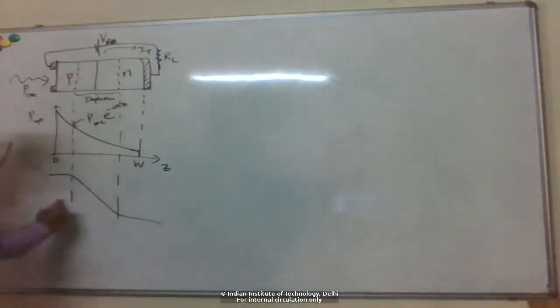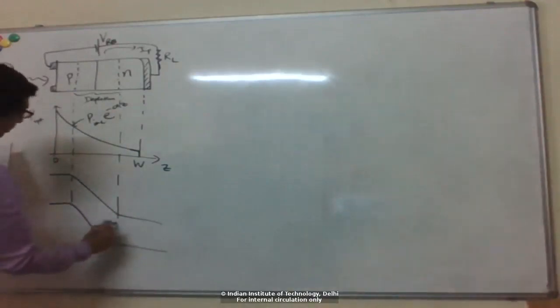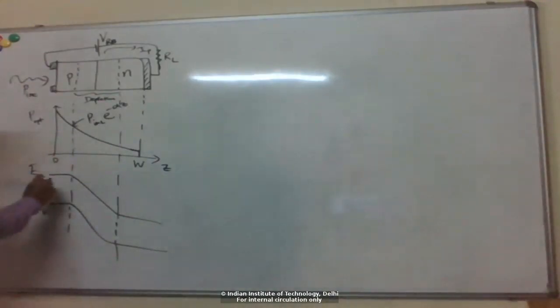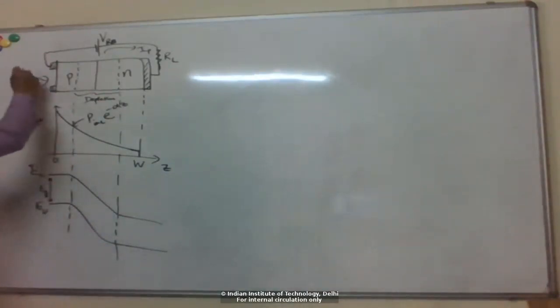So there is some band bending in the depletion region. Right, so this is the conduction band, the valence band, right? Of course, we choose the material such that the band gap is less than the photon energy, right?